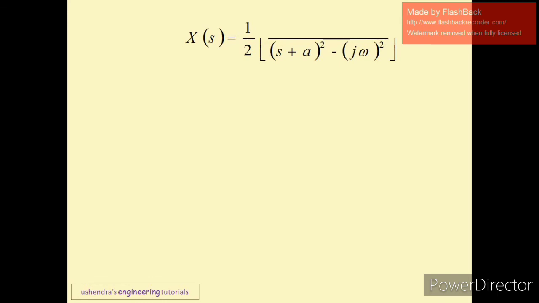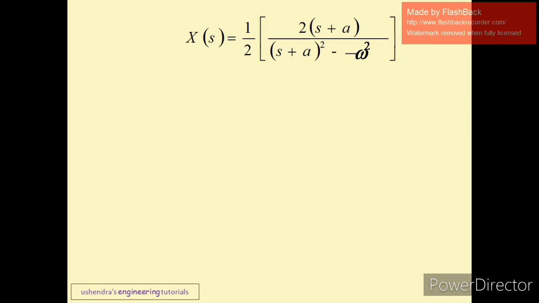Simplifying the above equation, x of s is equal to half as it is, the denominator will be s plus a whole square minus j omega whole square, and in the numerator we have 2 times s plus a. In the denominator, we have j omega square, and this square is applicable to j also, so that would result in minus 1, and the entire term will be minus omega square.